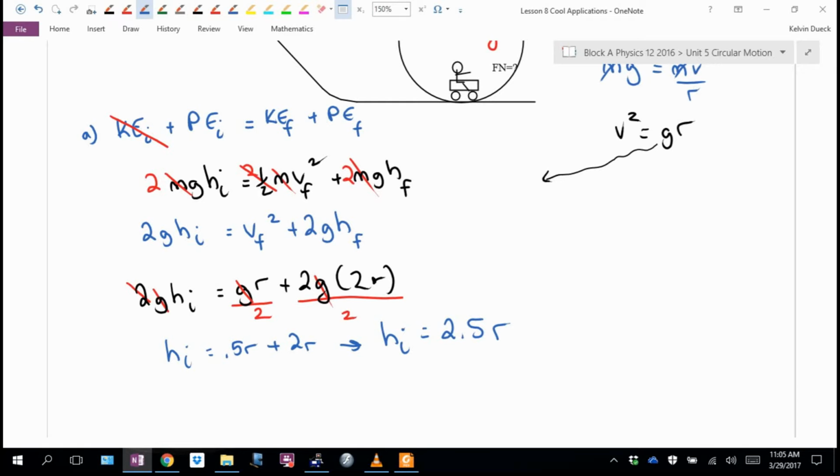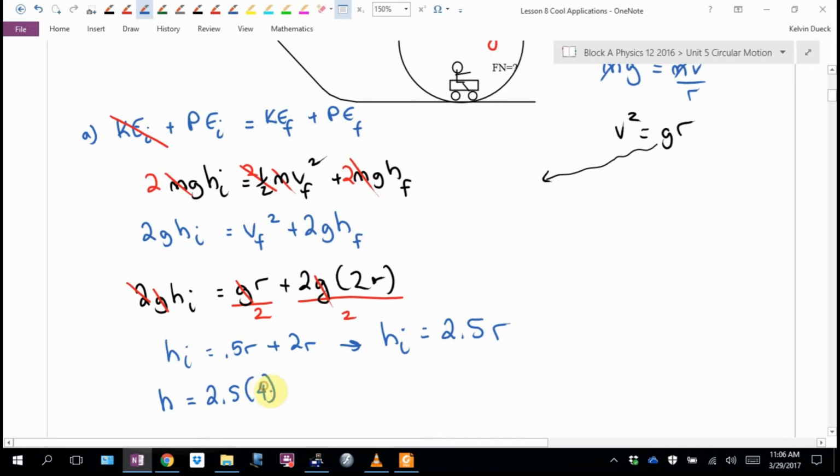Here, in fact, I'll bet you can do this in your head. You ready? H equals 2.5. What was the radius of this loop? Read the question. I told you in the question. What's the radius of this loop? 4. Yep.